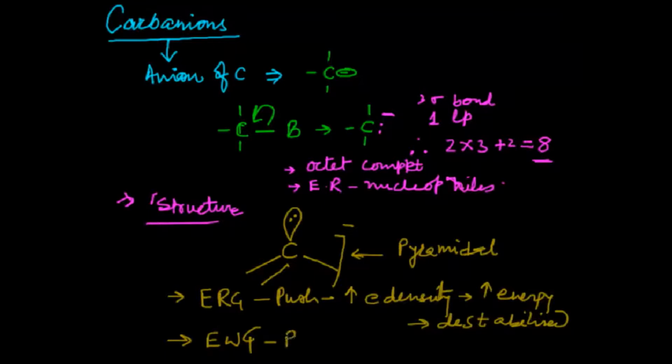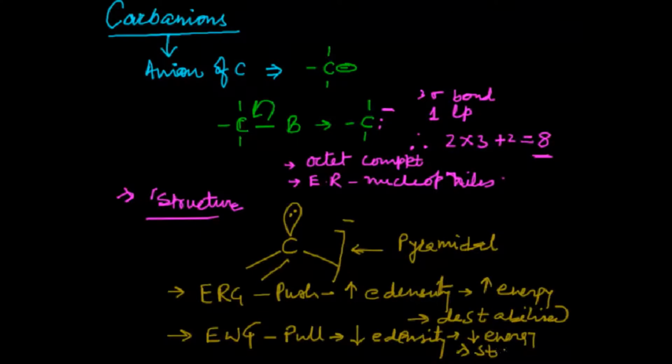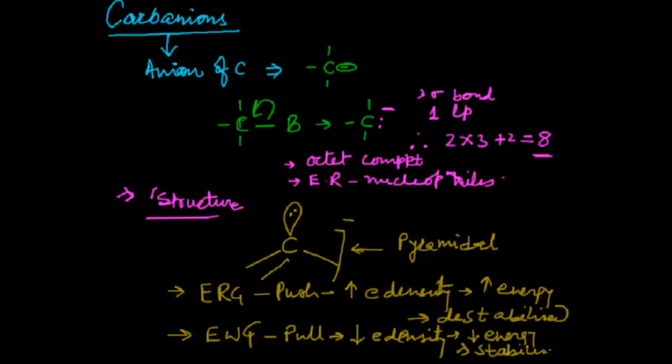It will pull electrons, decrease electron density, and decrease the energy, therefore stabilize. So it is stabilizing the structure of the carbanion.